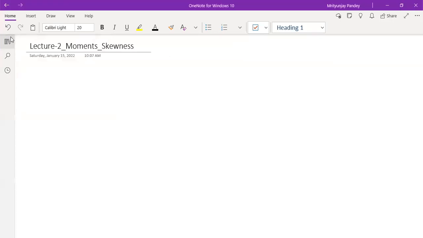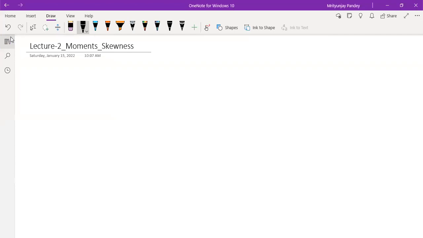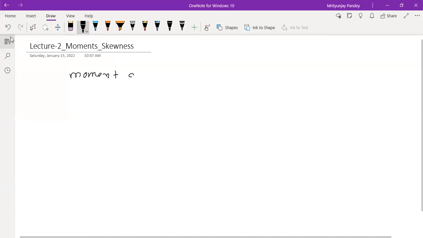Okay, so today we'll start the new topic of module 1, that is moments and skewness. So what is a moment? Moment about any point. Notation is moment about A. A is nothing but any point.